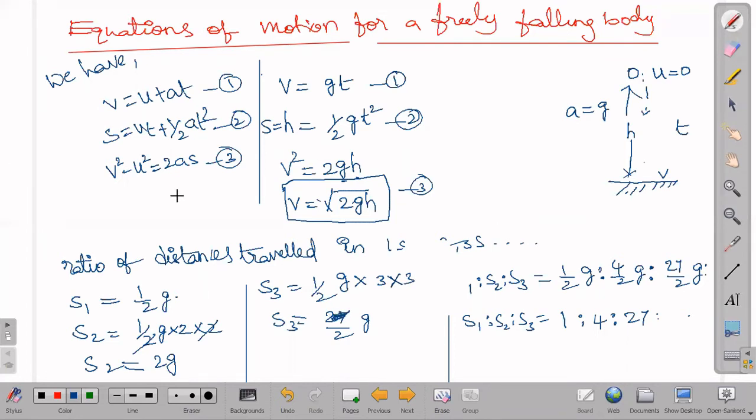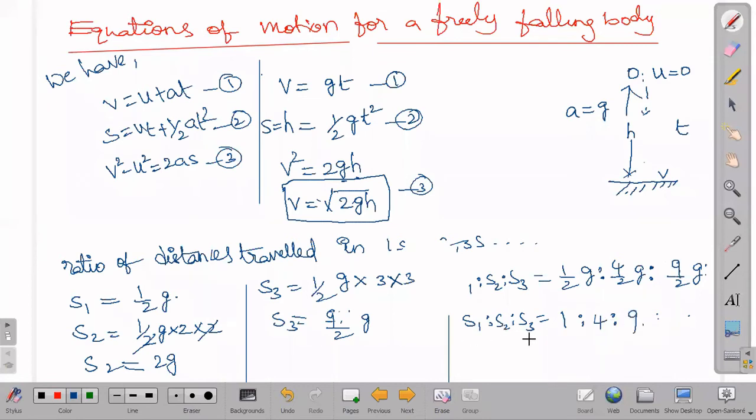Just a minute. So what do we get? 3 3s are 9, here we will be getting 9 by 2. Here also we will be getting 9 by 2. Here 1 is to 4 is to 9.